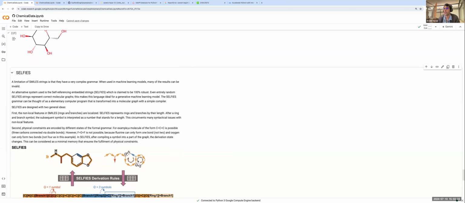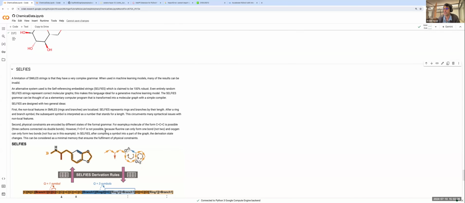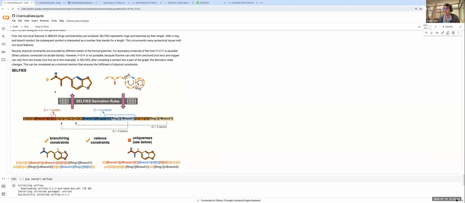The way that SELFIES works, and it's honestly pretty complicated, is that it follows a similar idea as SMILES strings, where you start at a certain location, continue along the sequence, and then go to branches.